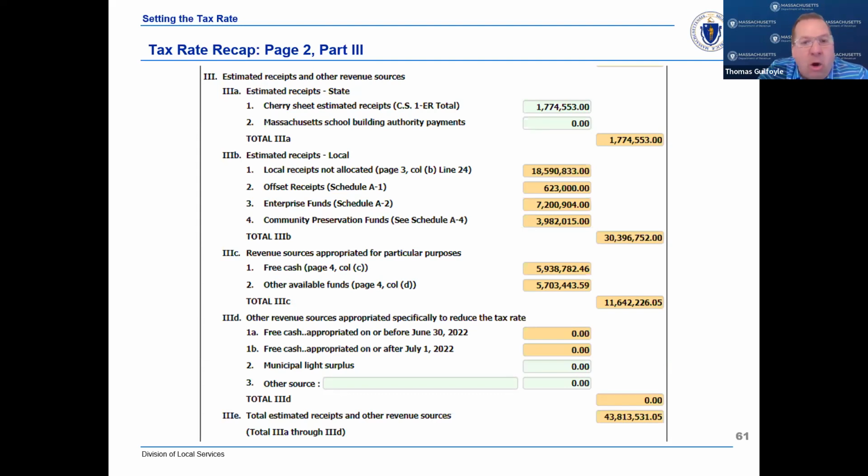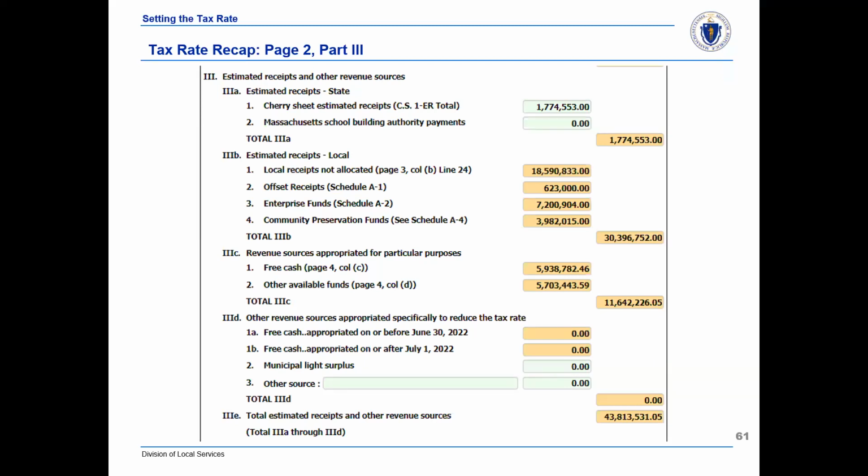We don't want to see all the uploads on page 1 of the recap. If you have a vote to reduce the rate, we want to see it attached to page 2 of the recap. If you have backup for your enterprise fund revenues, you use the template. We want that uploaded with the A2 form, not just in one general spot on the recap, please. Thank you.